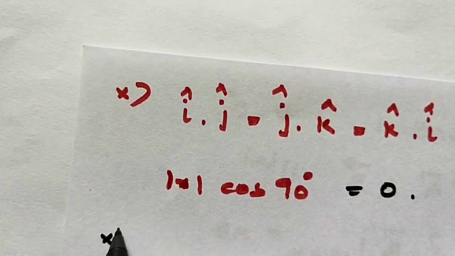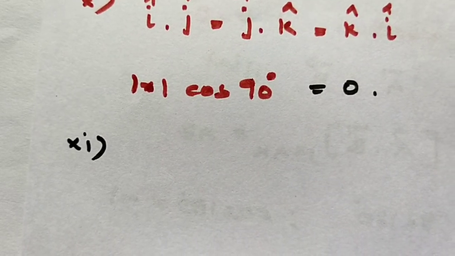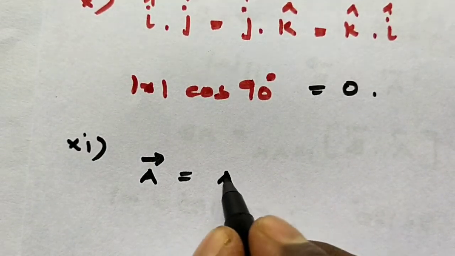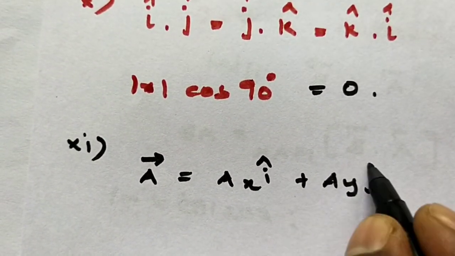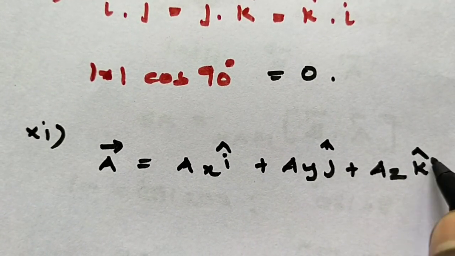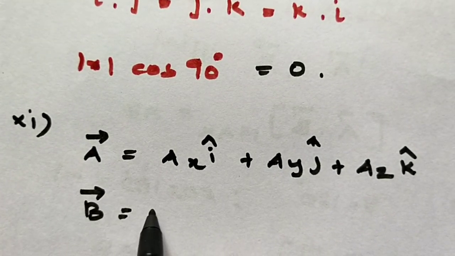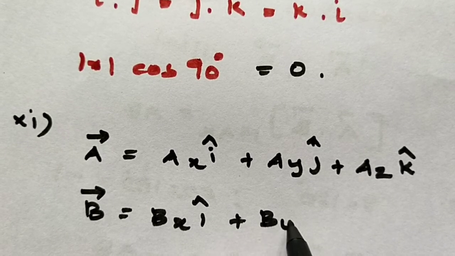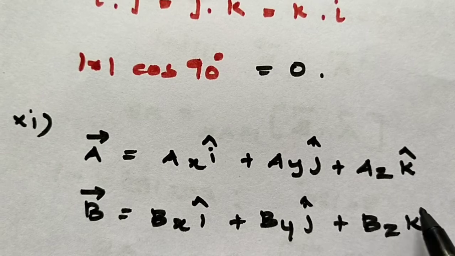So now moving to another property, that is the component of the scalar product. Already we know the components: A vector means Ax i cap plus Ay j cap plus Az k cap. Now we use another vector, B vector, which is Bx i cap plus By j cap plus Bz k cap.